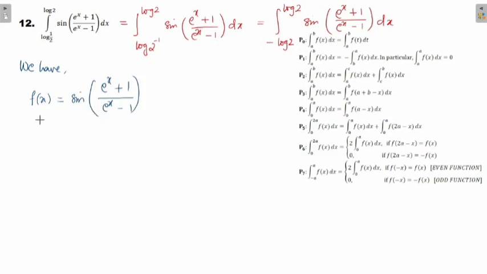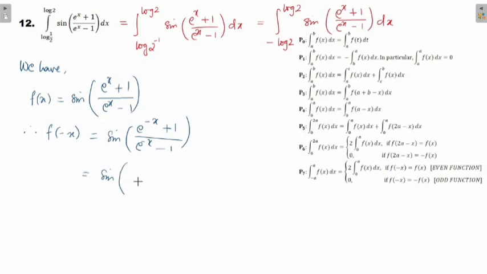Therefore f of minus x will be equal to sine, and in place of x we'll write minus x, so it becomes (e to the power minus x plus 1) divided by (e to the power minus x minus 1). What I am going to do is multiply both numerator and denominator by e to the power x.